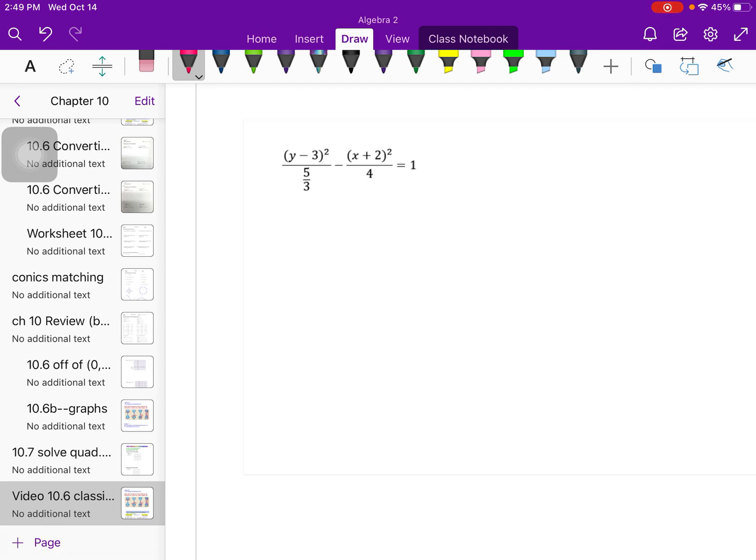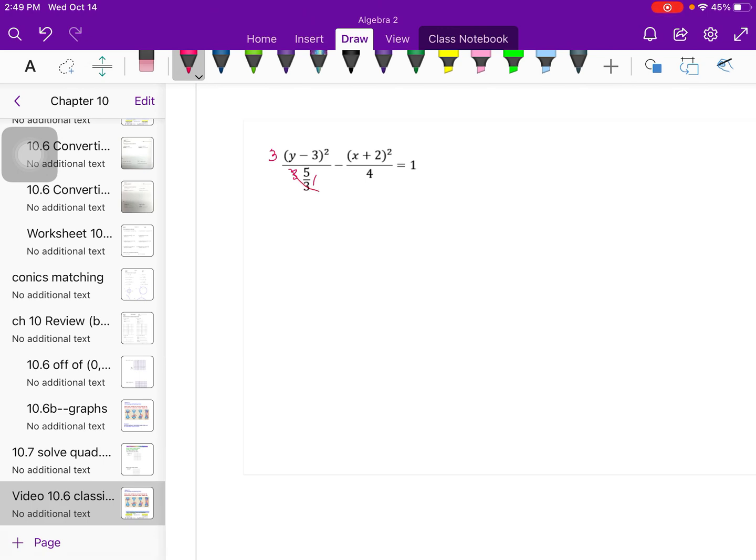So first, this is usually only one number under here, so I would have to multiply the denominator by 3, so I have to multiply this numerator by 3 just to simplify this into a conic that I am used to.